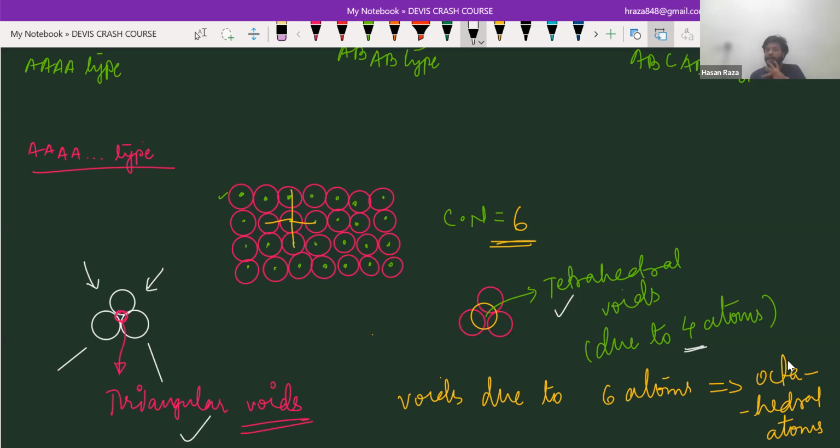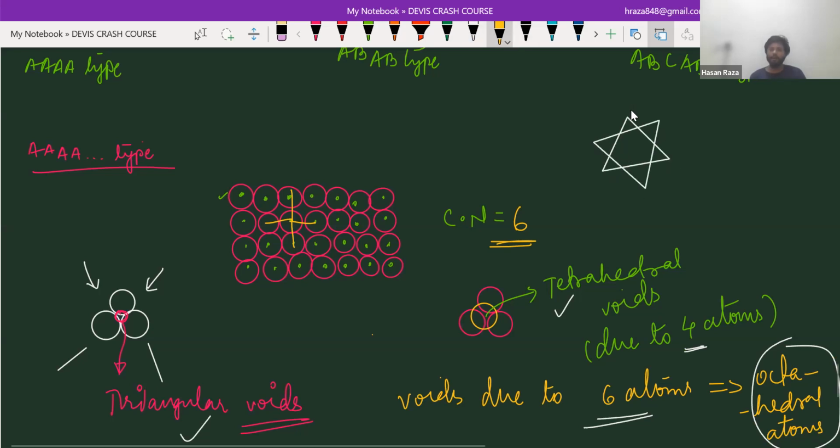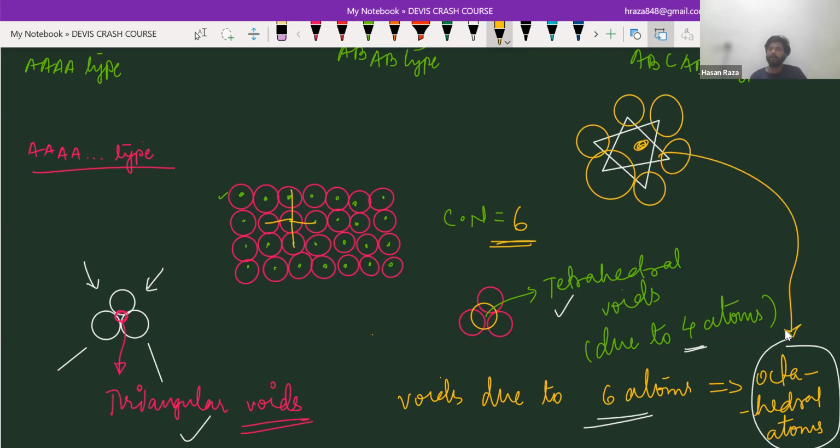No, an octahedral void is made by 6 atoms. Like how you make stars from childhood, if you have atoms like this, 1, 2, 3, 4, 5, and there is a void due to these 6 atoms, that is known as an octahedral void.